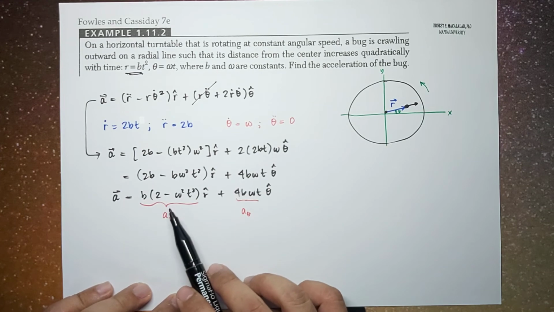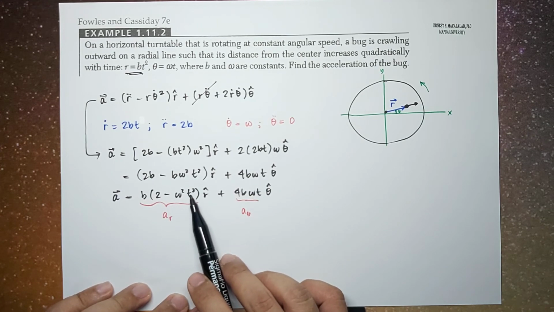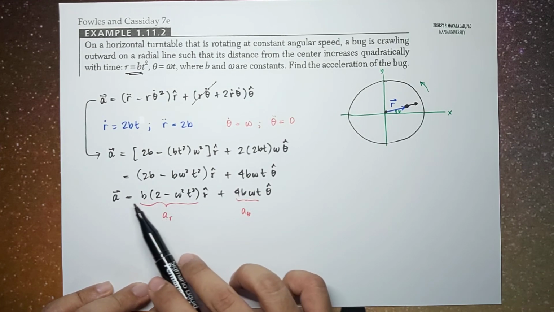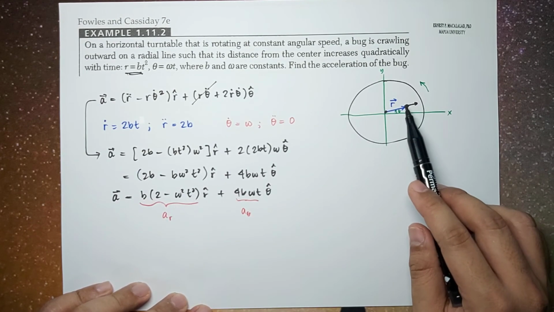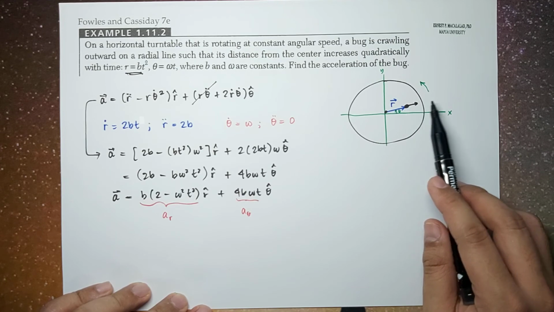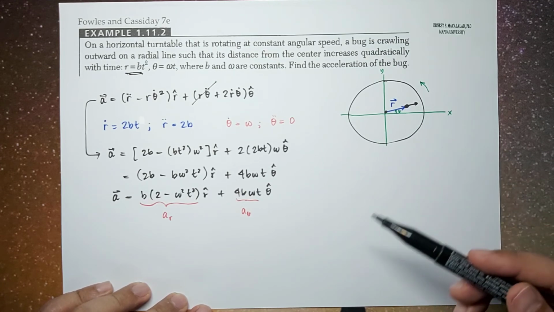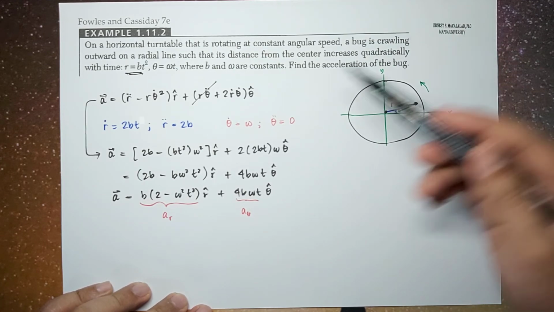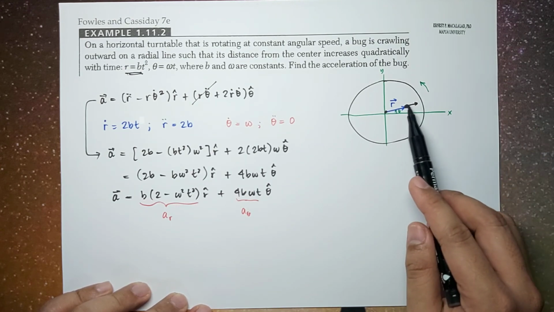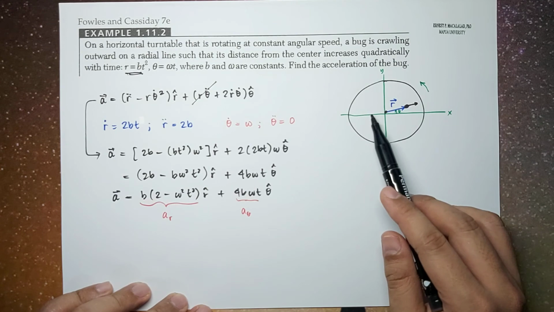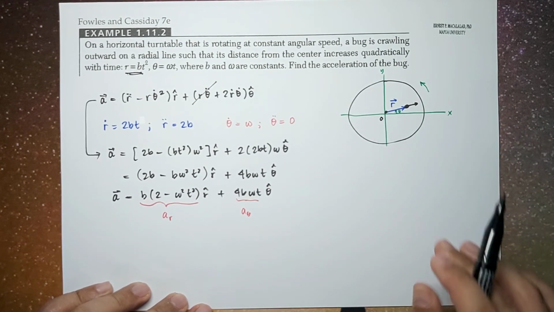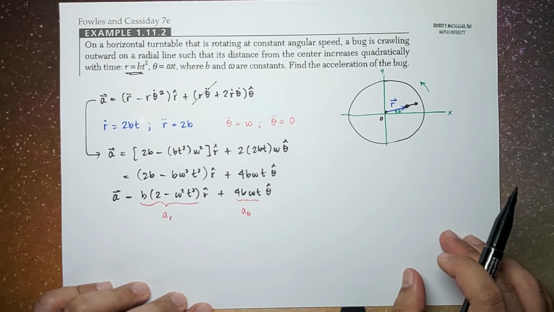That means at the start, if t is small enough, the acceleration of the bug in the radial direction is outward, but as time progresses, if the time is long enough, the acceleration becomes inward, towards the center of the turntable.